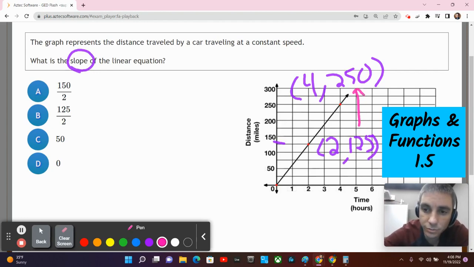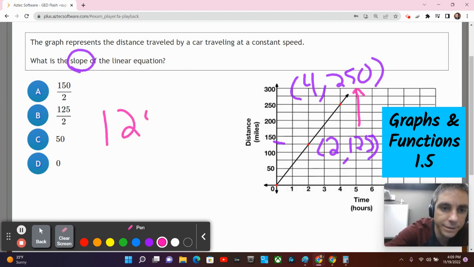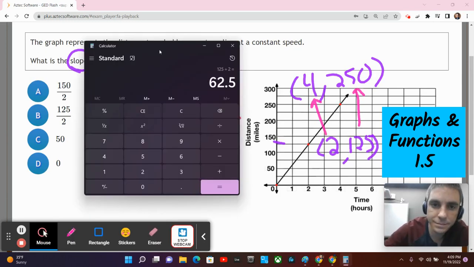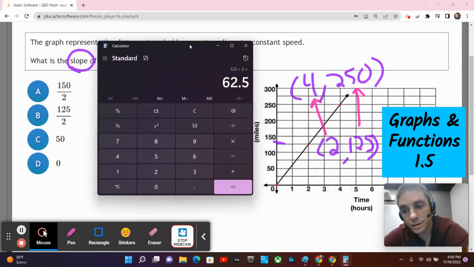The y goes from 125 to 250. Now that's an increase of 125. And we're going to divide that by how much the x changes, which is from 2 to 4. So we divide it by 2, 62.5. So this car is traveling at an average speed or average rate of 62.5 miles per hour.